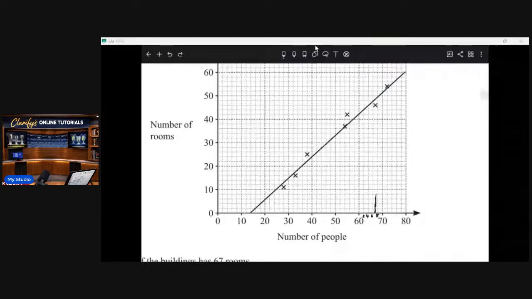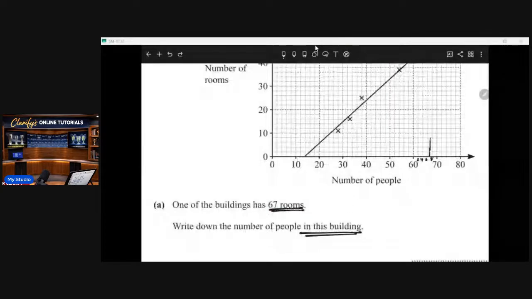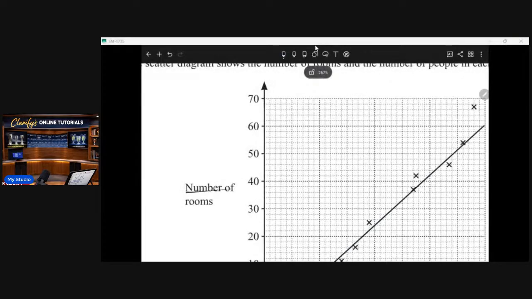Now you want to see. They said, write down the number of people. 67 rooms, not 67 people. So you go to the number of rooms. You go to 67, 62, 64, 66, 68. So 67 is between here.